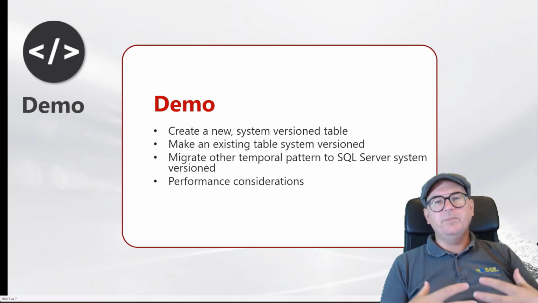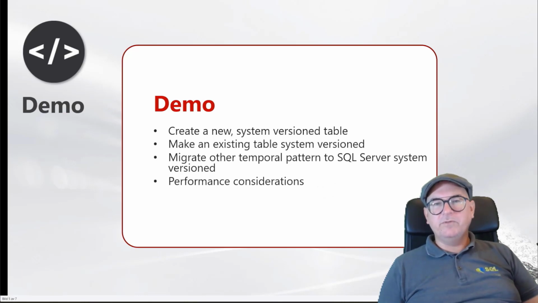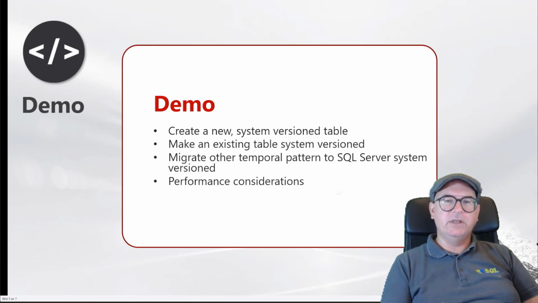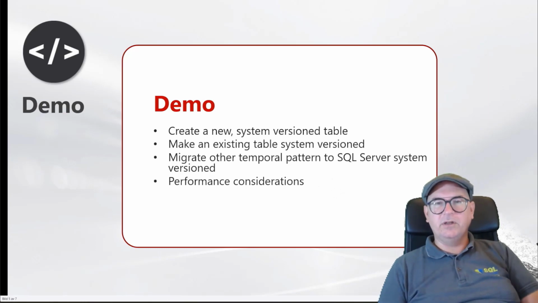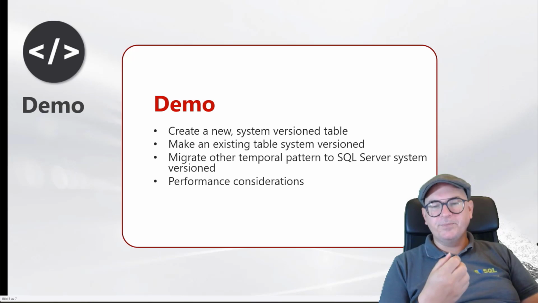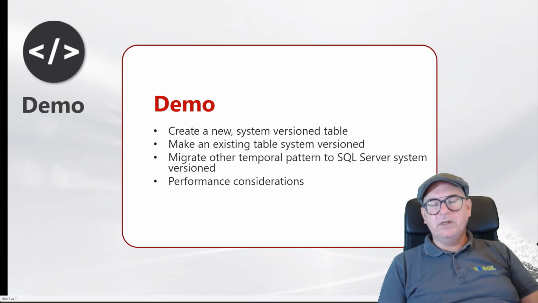How can we get rid of some of the code that we wrote ourselves to handle the versioning of tables and start using the automatic system versioning from SQL Server. And we will also look at some performance considerations.